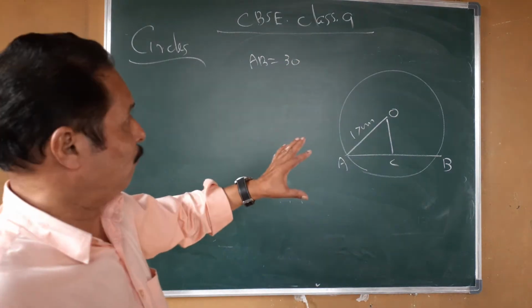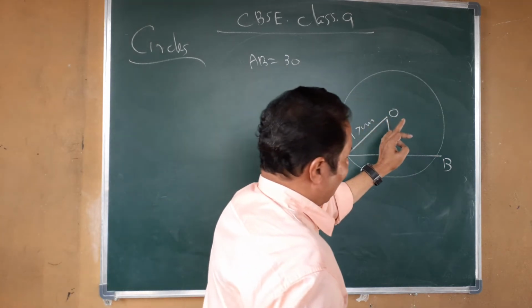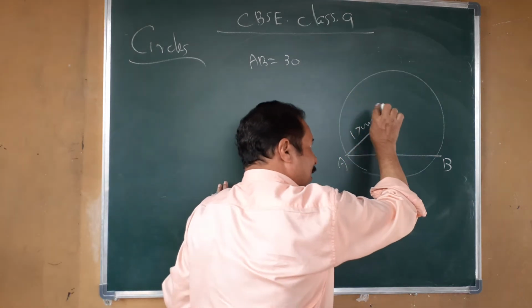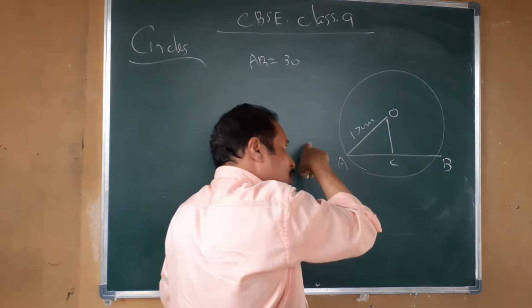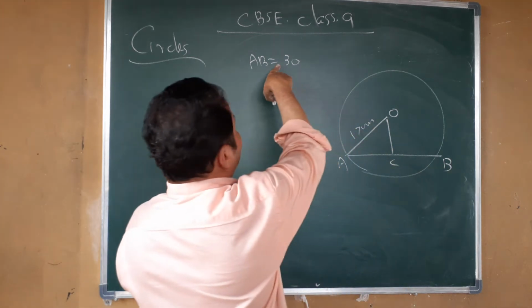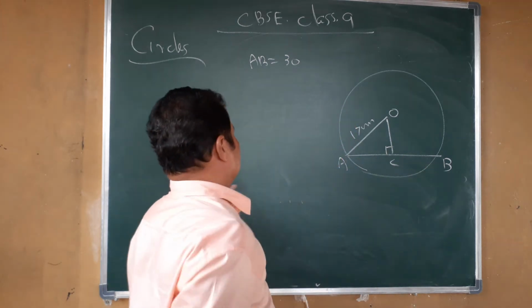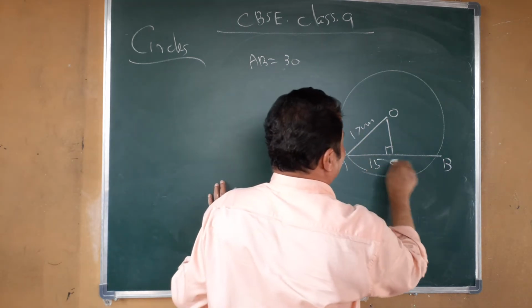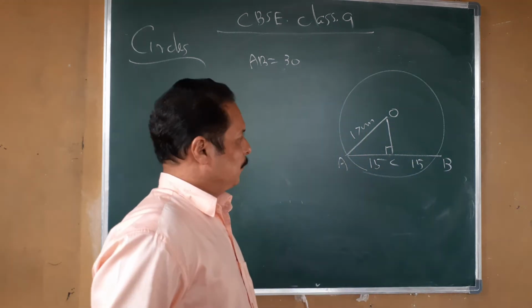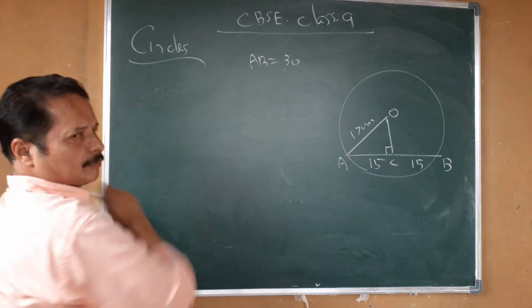You watch very carefully the video and look very carefully here. Already, distance means perpendicular distance. So AC equal to BC equal to 30 divided by 2 is 15 and 15. Is it clear? And we want to find OC.